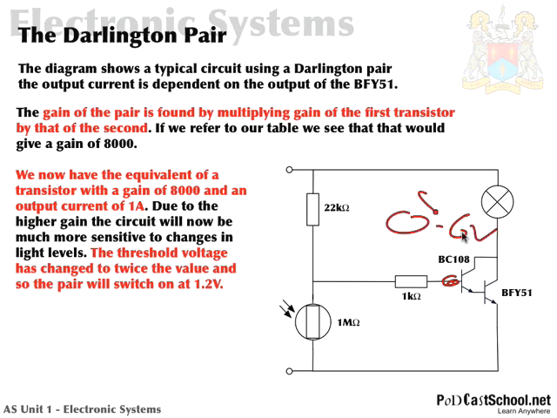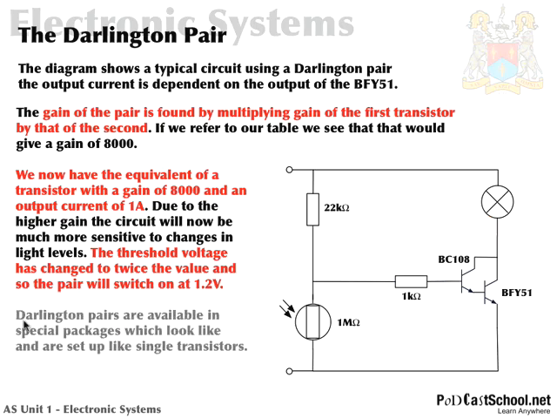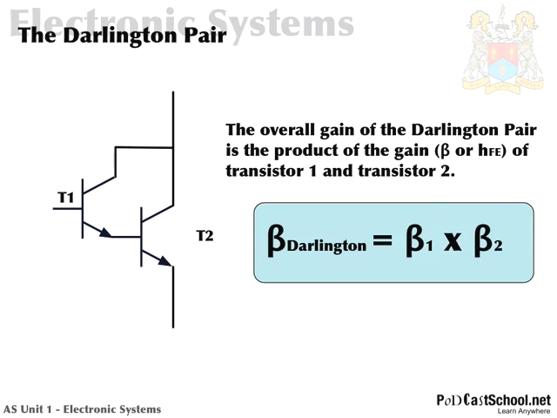So now it's twice that, it's 1.2. Now, what you must take out of this is that the overall gain of a Darlington pair is beta 1 for the first transistor times beta 2. So that's the overall gain.